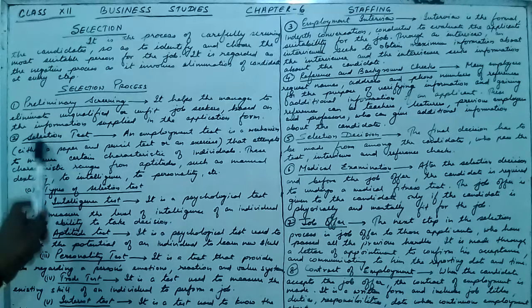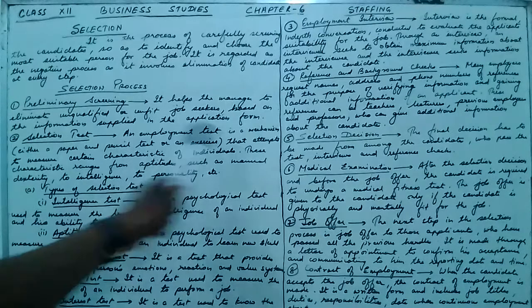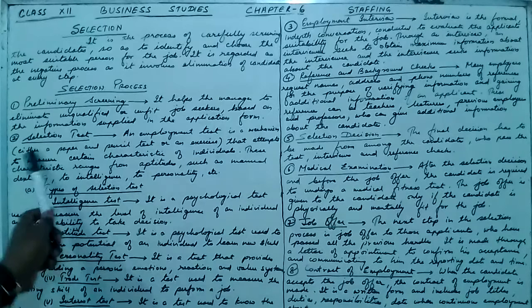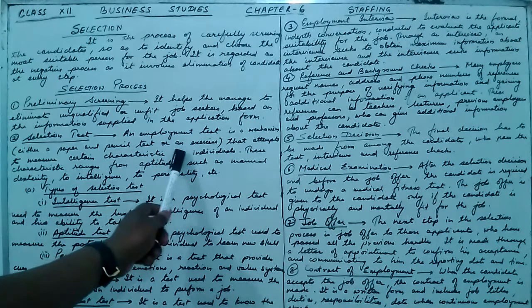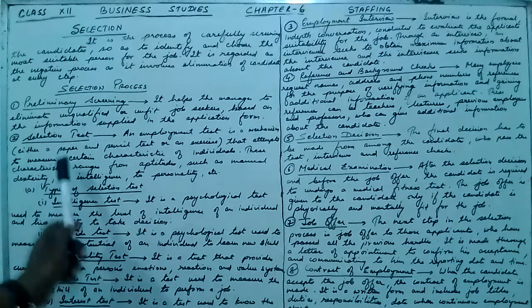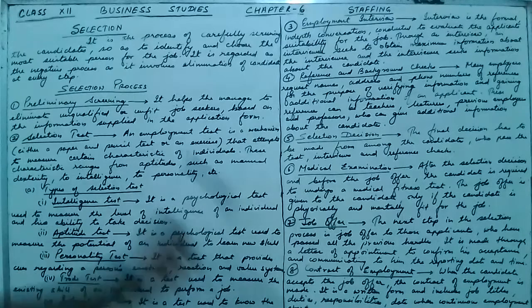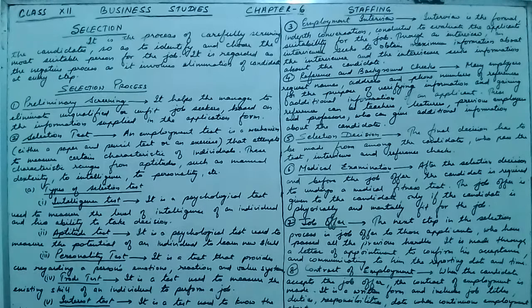Now second is the selection test. An employment test is a mechanism, either a paper and pencil test or an exercise, that attempts to measure certain characteristics of an individual. Those measurements are done either through paper and pencil or through exercises.